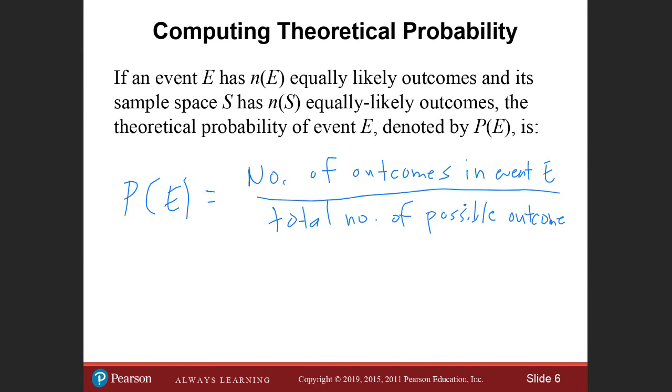So this is the formula. So you can have the cardinality, which is n, of your event, and the cardinality of your S, which is the sample space. Okay, so that's the formula.